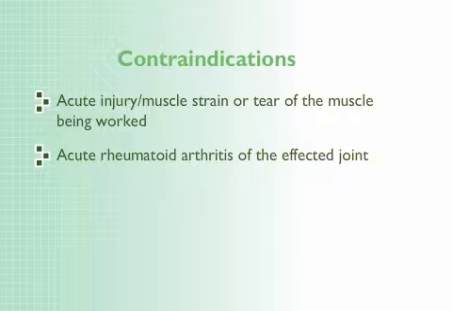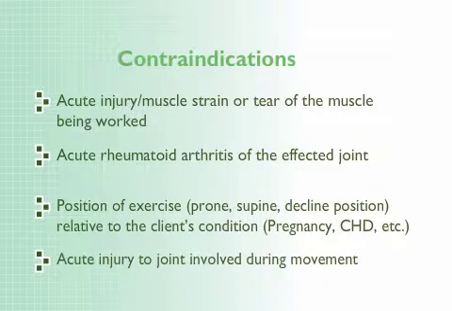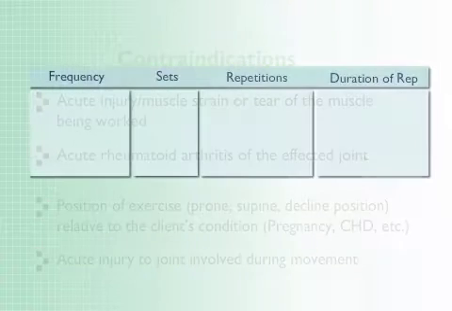It is also extremely important for the health and fitness professional to be aware of the position of the exercises they select for the client, such as supine, prone, or decline positions, and if the position is appropriate relative to any medical conditions that the client may have, such as pregnancy, hypertension, or coronary heart disease. Integrated dynamic strengthening movements are also contraindicated for any joint suffering from an acute injury.